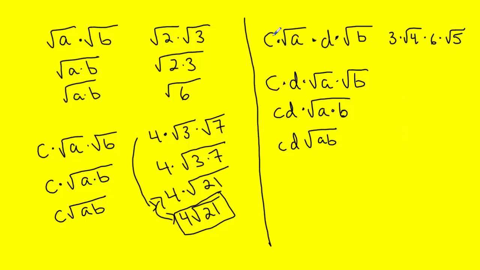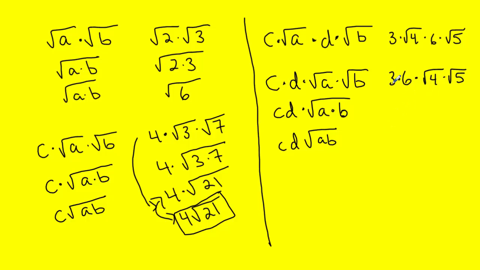You can see here, C is represented by 3, A is represented by 4, D is represented by 6, and B is represented by 5. I'm going to do the same thing I did over here. I'm going to take the numbers that are not in the square root and put them next to each other. So it's 3 times 6, and then times the other two numbers that are in the square root: square root of 4, square root of 5.